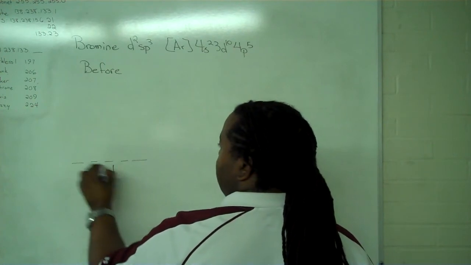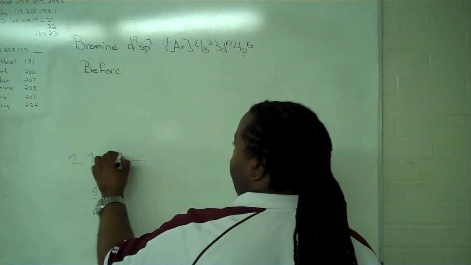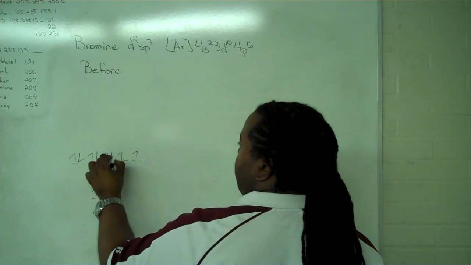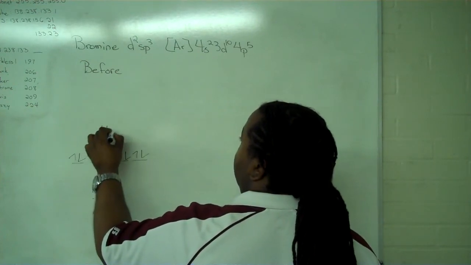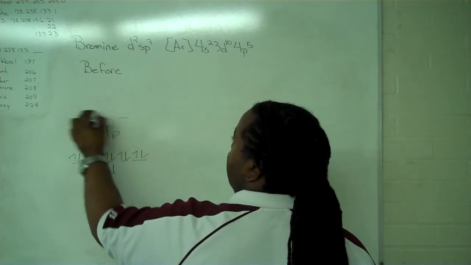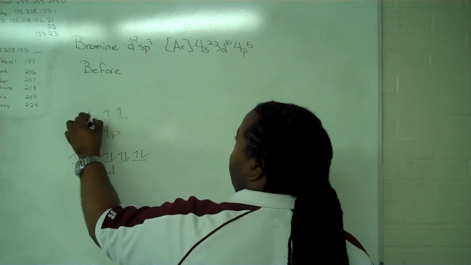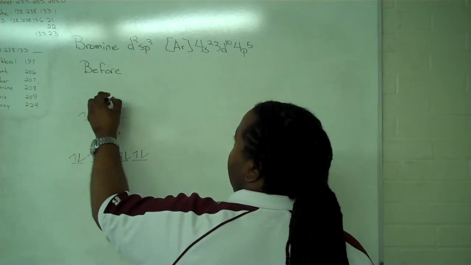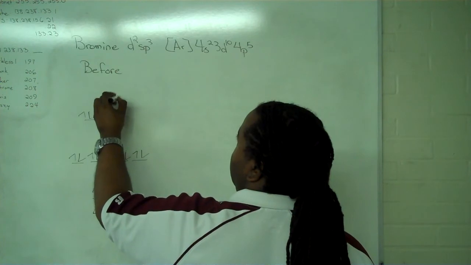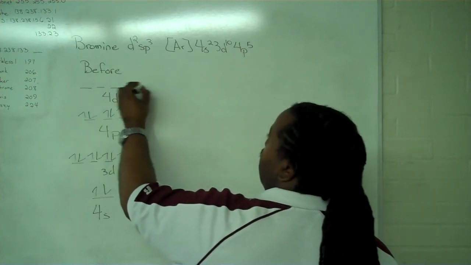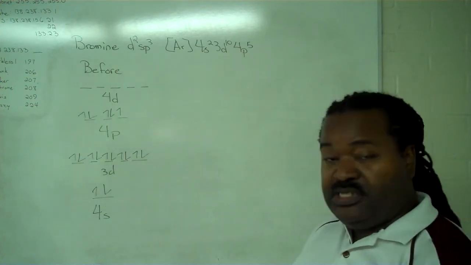We have our 3d, 1, 2, 3, 4, 5, 6, 7, 8, 9, 10. We have our 4p, 1, 2, 3, 4, 5. And we have our 4d.